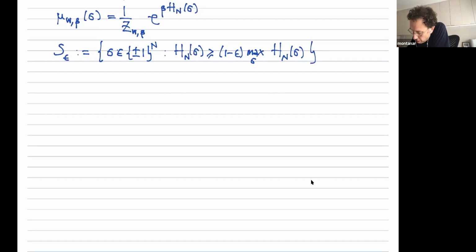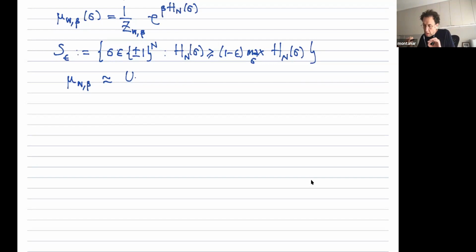Now, the two things are related, and again, let me be a little bit informal, in the sense that mu beta is expected to be approximately, the point is that conditional on the value of h, mu is uniform. So mu is really a convex combination of uniform measures on slices of constant h.